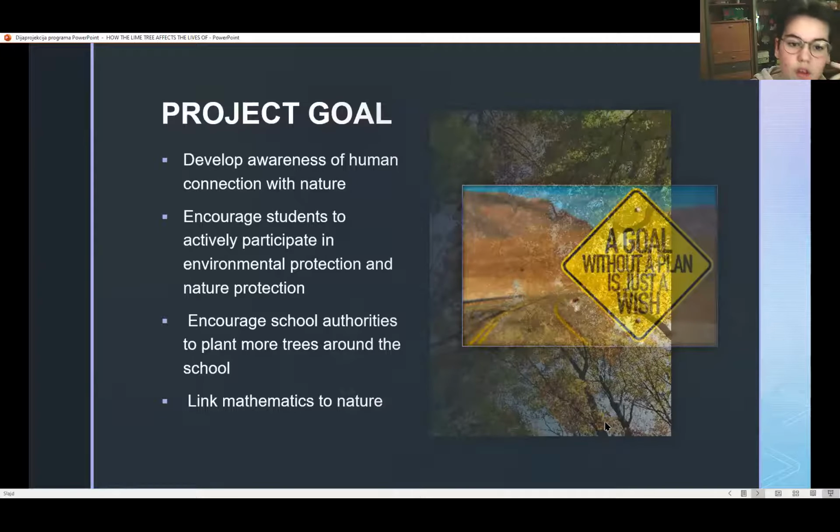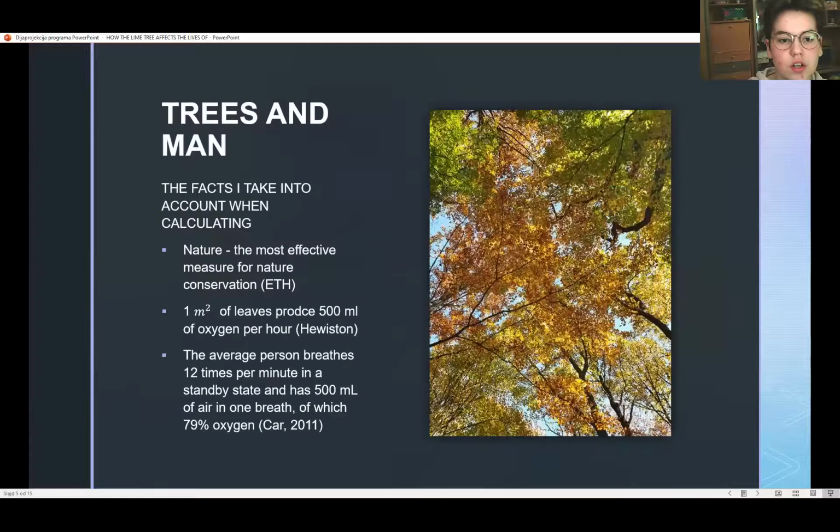I'm going to mention what facts I take into account when calculating all this math and connecting this science. By the Swiss Federal Institute of Technology, nature is the most effective measure for nature conservation. And the best way to change the world is to change ourselves.